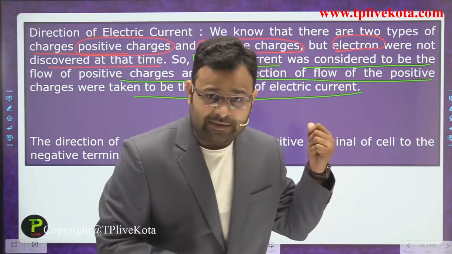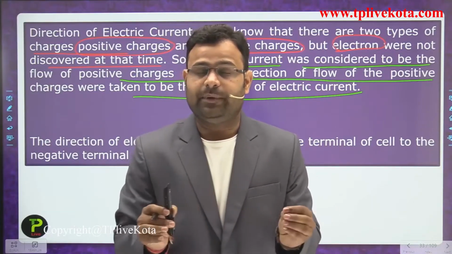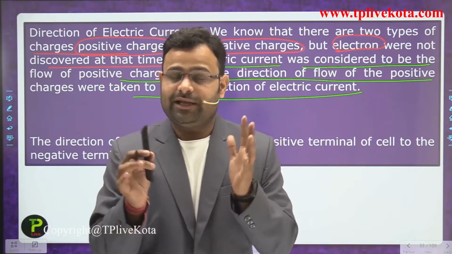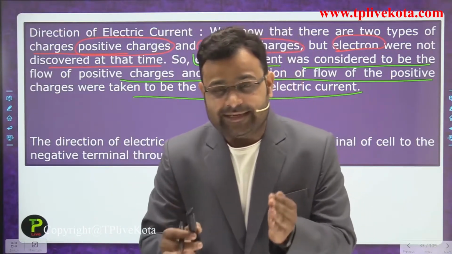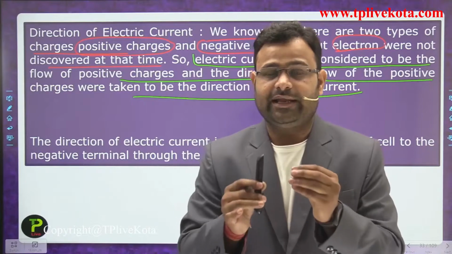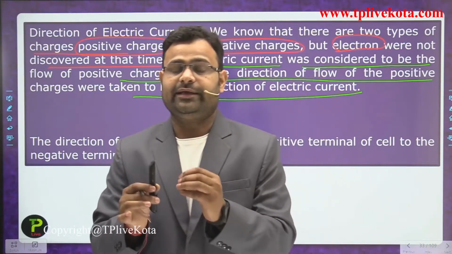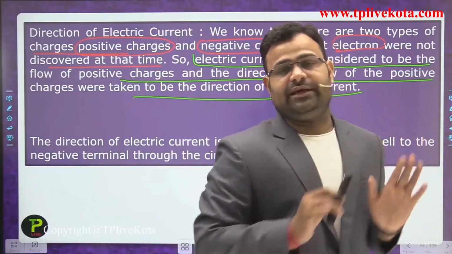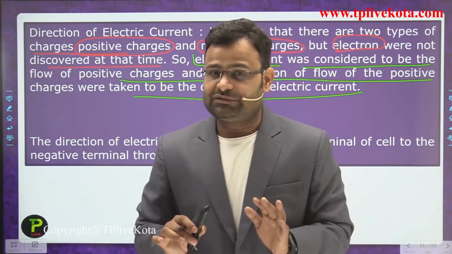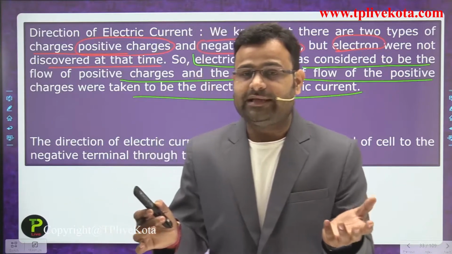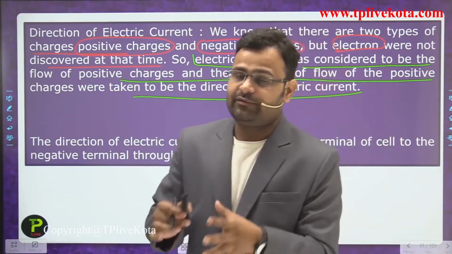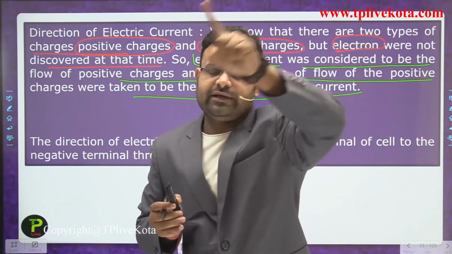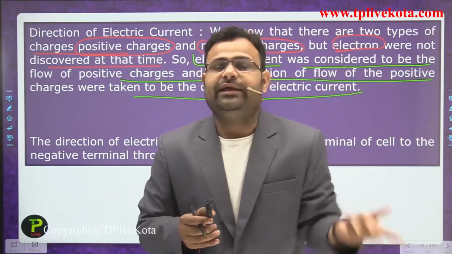At that time we did not have any information about the electrons. And what happens, guys, in that condition, when we connect a battery to any circuit, the direction of electrical current is taken in the positive direction.